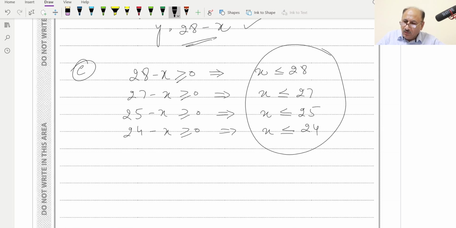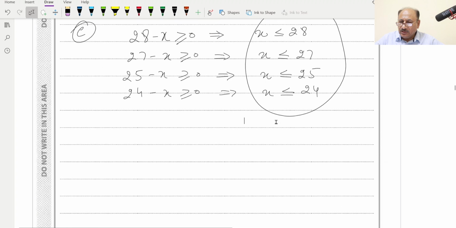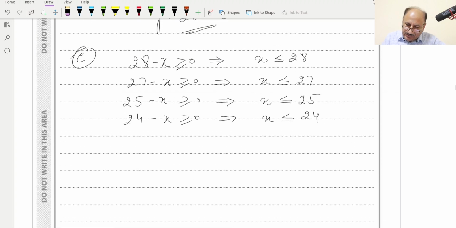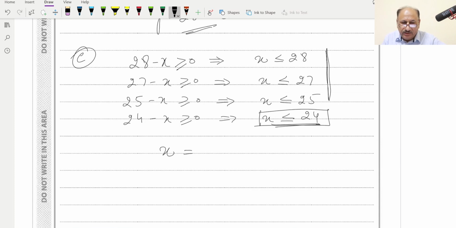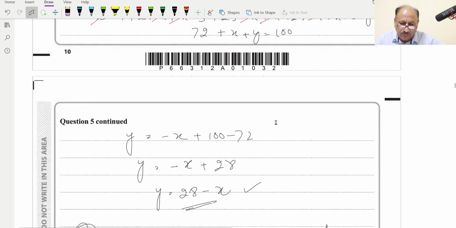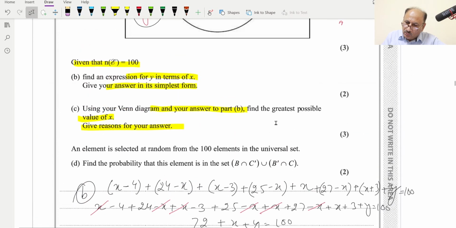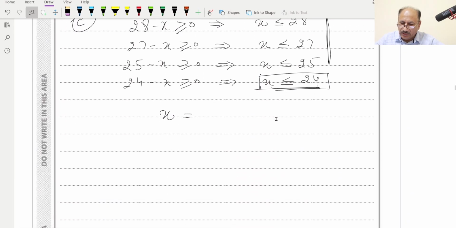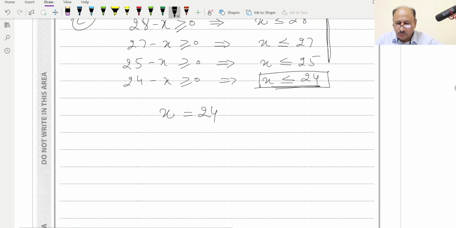So from all four equations we came to know that x is basically less than or equal to 24. If this condition is satisfied, the rest will automatically be satisfied. They're asking for the maximum value in C part, the greatest possible value of x. So the greatest possible is 24, not more than that. So this will be our answer.